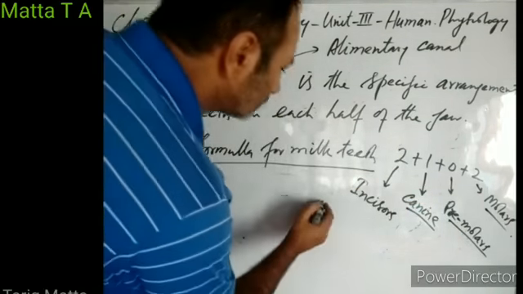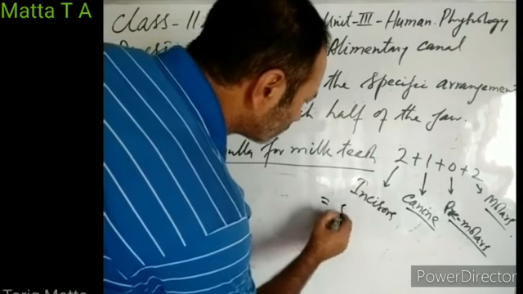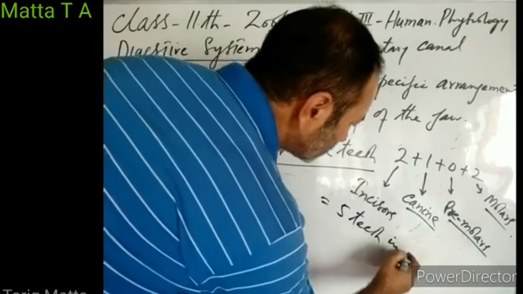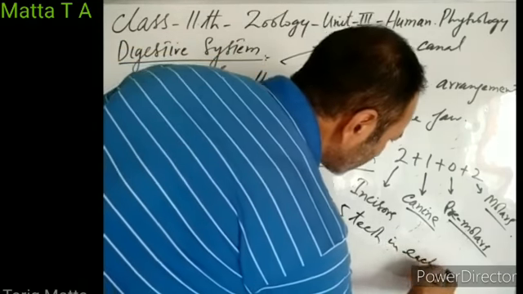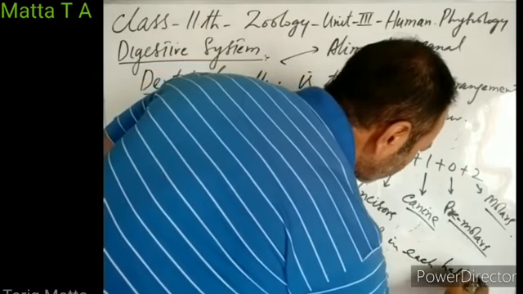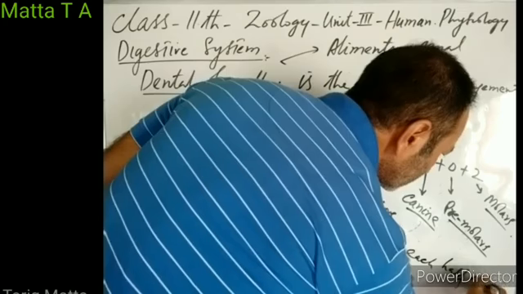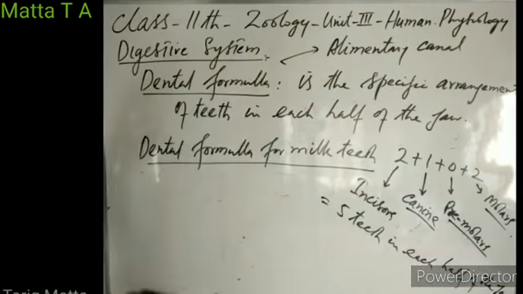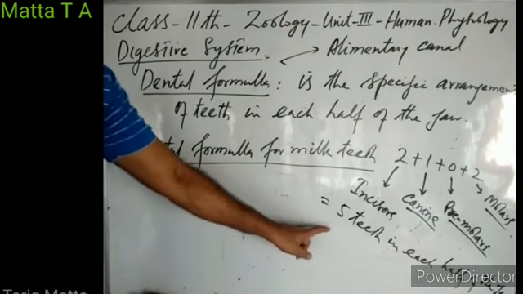So this amounts to 5 teeth in each half of the jaw. So there are 5 teeth in each half of the jaw.